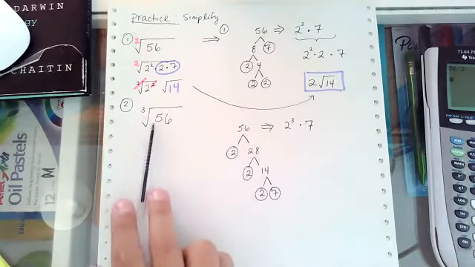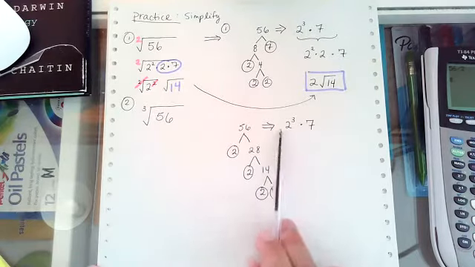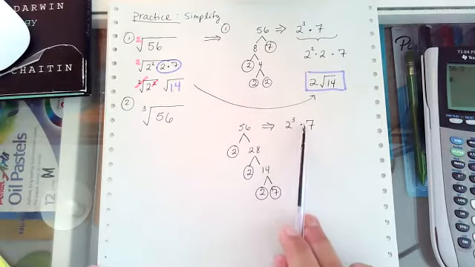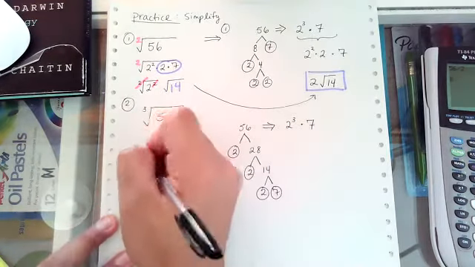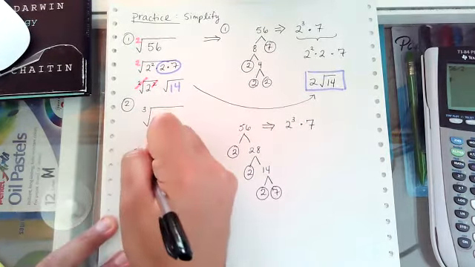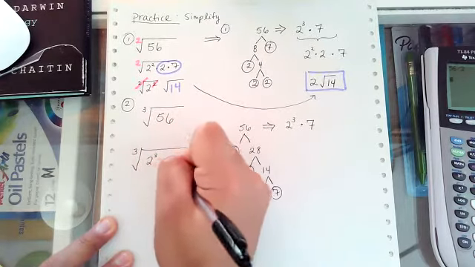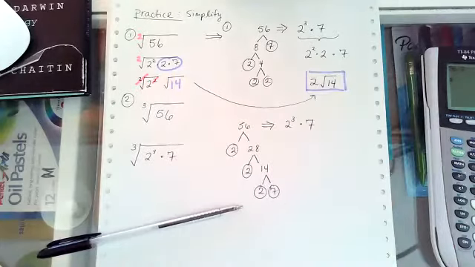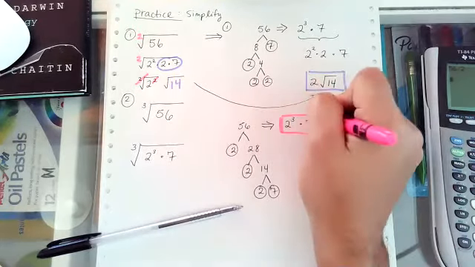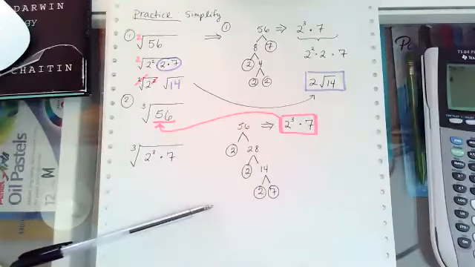But since this problem is asking us to simplify a cube root, we can go ahead and leave this expression as 2 to the third power times 7, since we're trying to cancel out that cube root. So I'll go back to my actual work and not my scratch work, and I'll write in 2 to the third times 7, because this expression here is going to replace the 56, since they're equal in value.